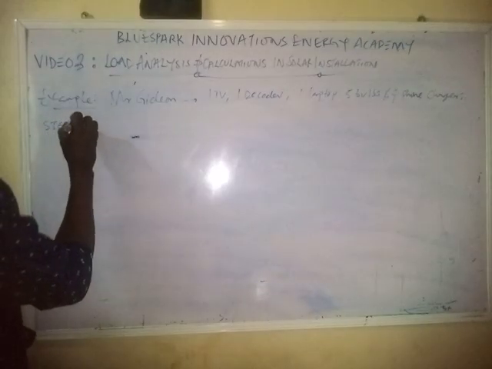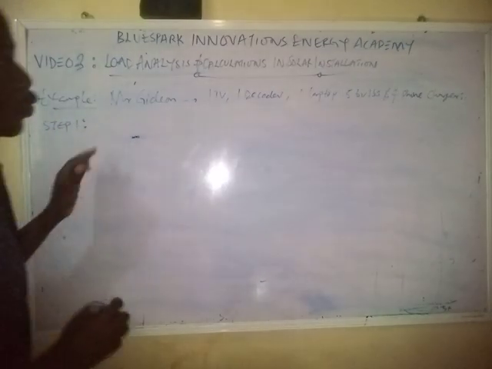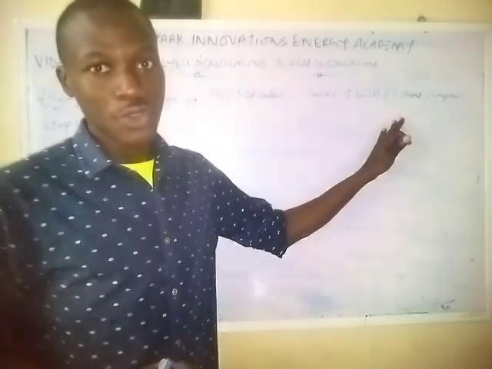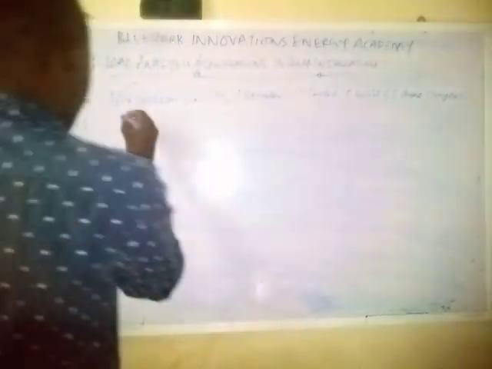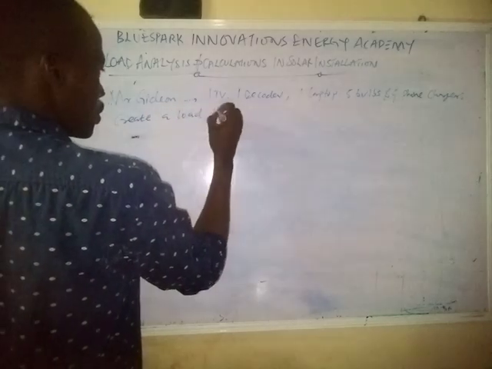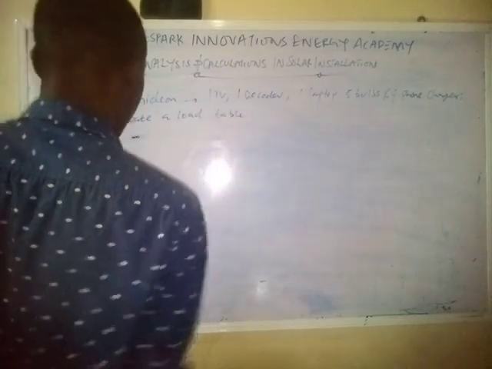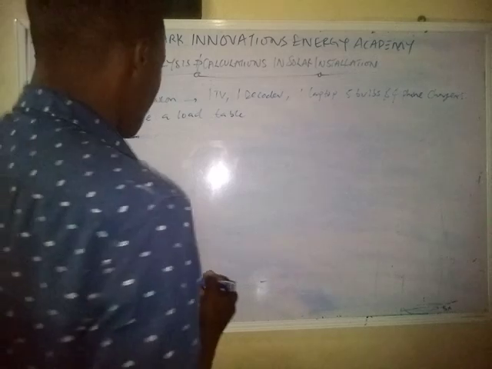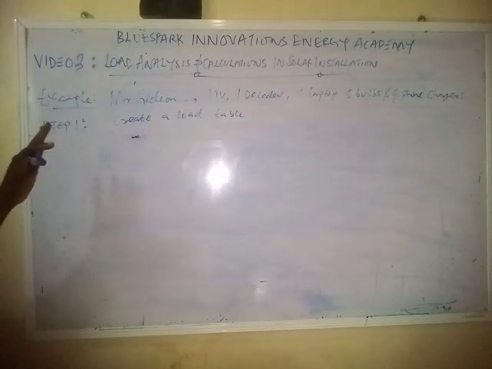What is the first step we need to take? Step 1. We need to create a table for the load. Create a load table. And how do we do that? I hope you can see what I'm saying. Create a load table.